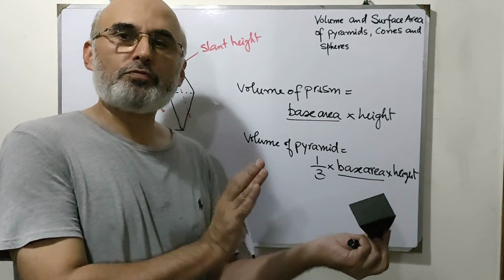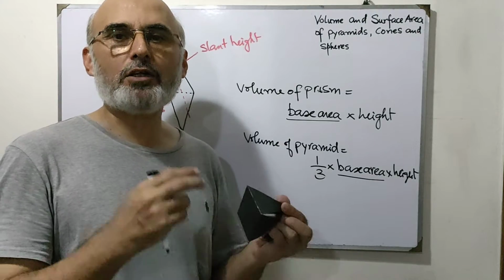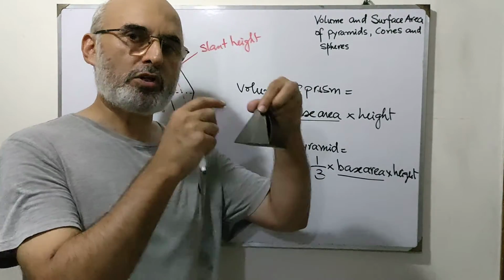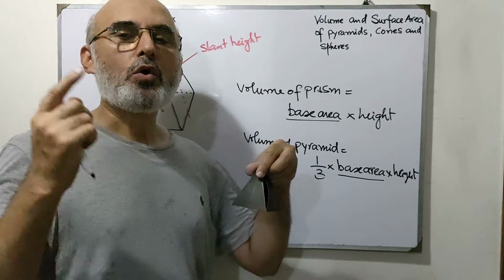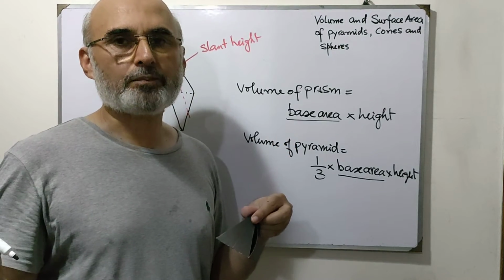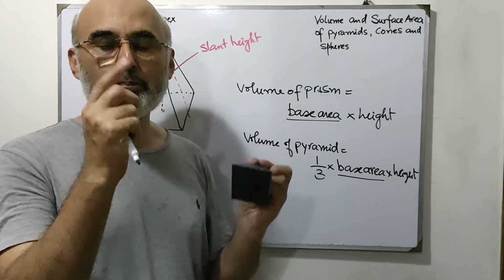So you can check this with the experiment and you will understand why it is 1/3, because 3 pyramids are going to fill 1 cubic prism with the same dimensions of the base.